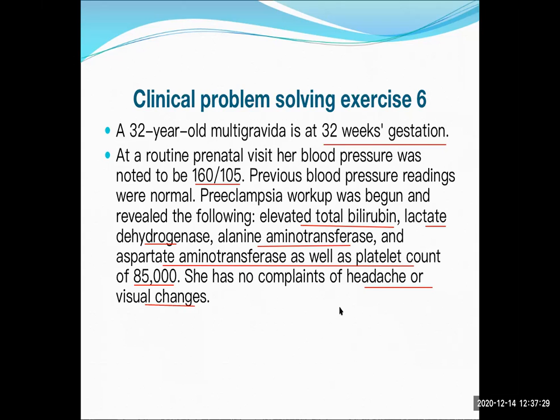This is a case of pregnancy-induced hypertension. The blood pressure is high, and the lady is later than 20 weeks of gestation. What more information do I need? This is a complete description of HELLP syndrome. So this is the way we have to reach the diagnosis. I'm sure this type of discussion will help you a lot.